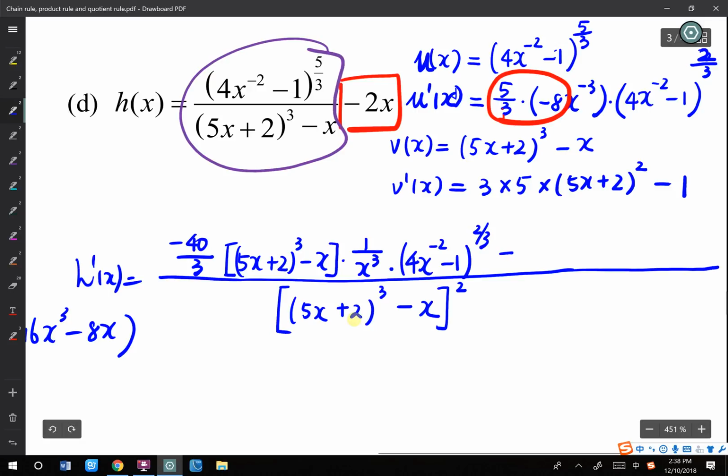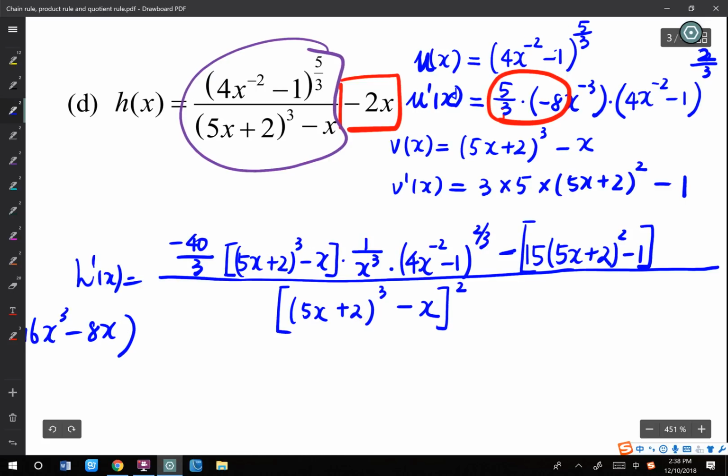And minus, okay, it's u and v and u dash. Now I need u and v dash. So v dash is a 15, 5x plus 2 squared minus 1. That's the v dash.